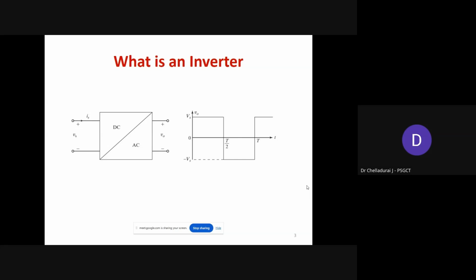In a very simple conversion, a fixed DC voltage is converted into a simple square wave AC. To implement this, we can use different power electronic converter topologies, using only 2 devices, or 4 devices, or more than 4 for single phase, and similarly for 3 phase.